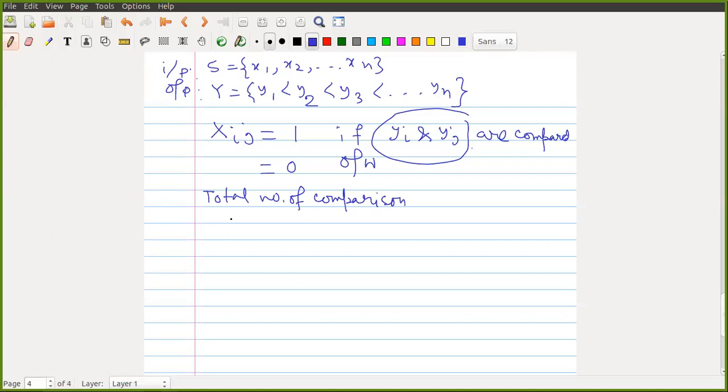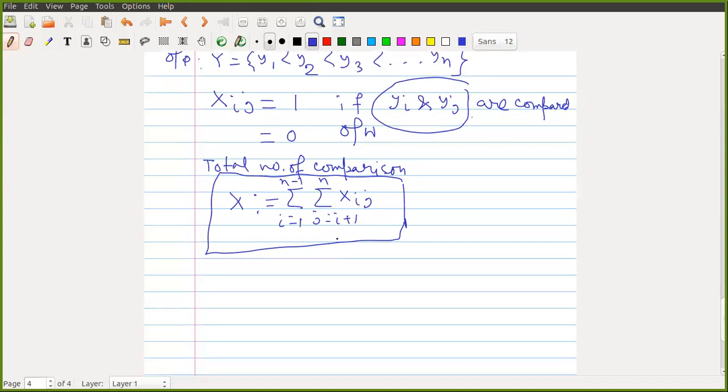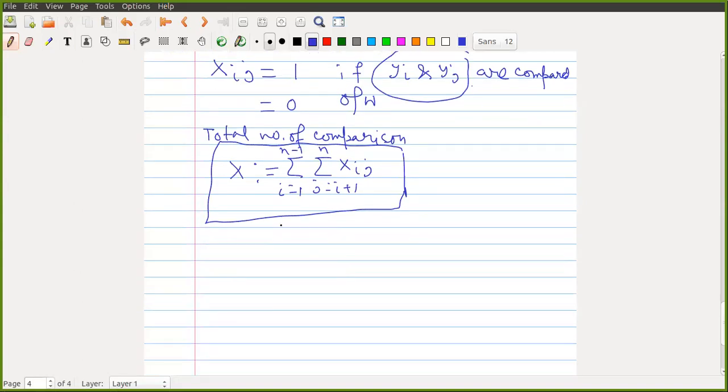Let's define it as x, which is defined to be the sum of xij. Note there are two indices: i goes from 1 to n minus 1 and j goes from i plus 1 to n. This is the total number of comparisons, and this is the main crux of the analysis. So we need to analyze what x is.